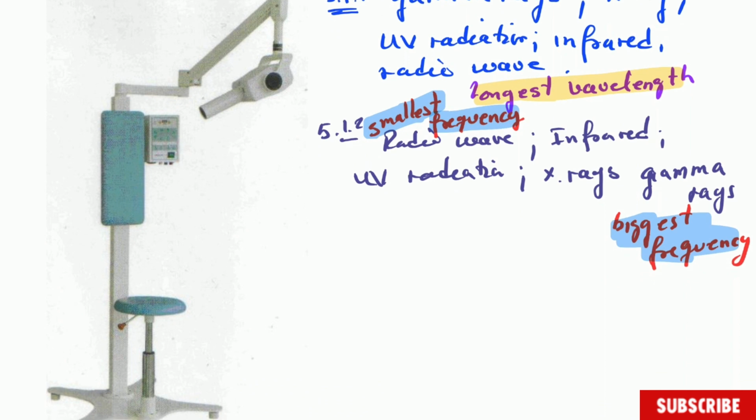Now, guys, the bigger the frequency, the bigger the penetrating ability. You could see in the formula. So if we go to the formula, energy is equal to hf. You can see the bigger the f, the bigger the energy is going to be. They are related. The bigger the energy, the greater the penetrating ability.